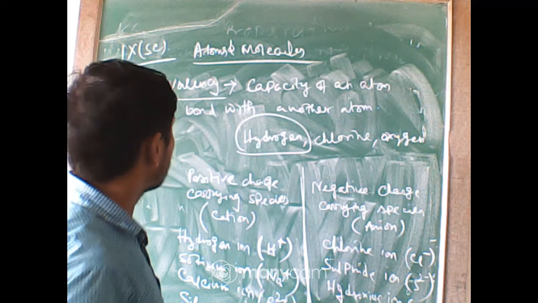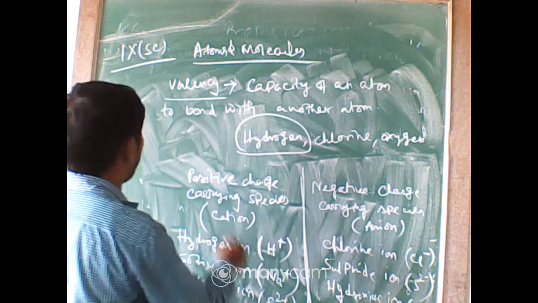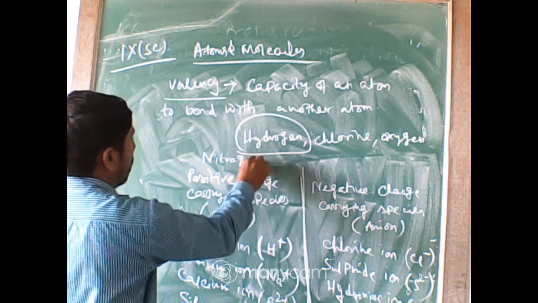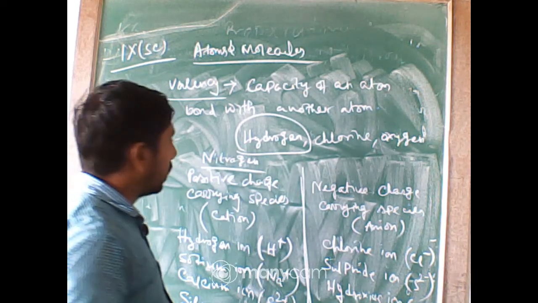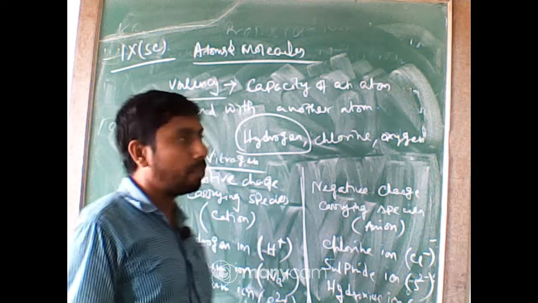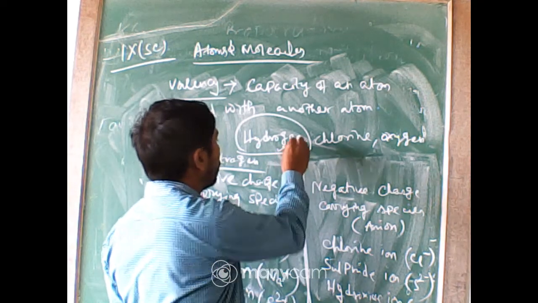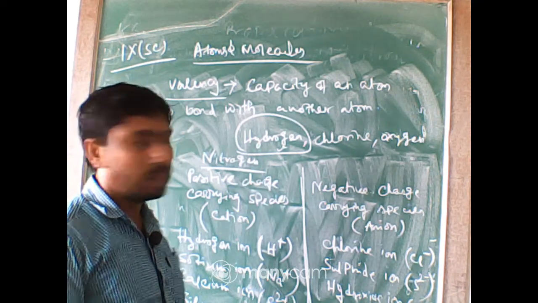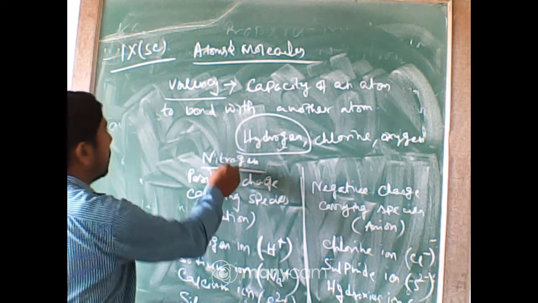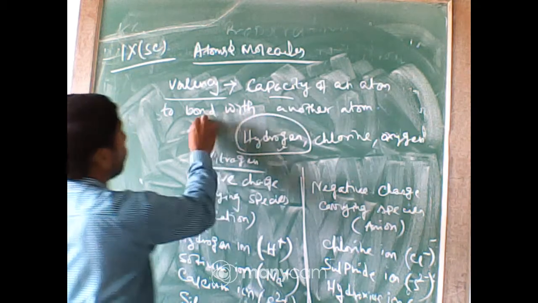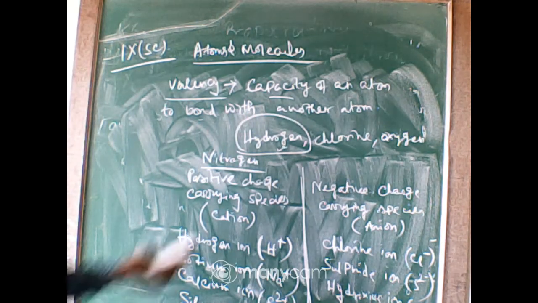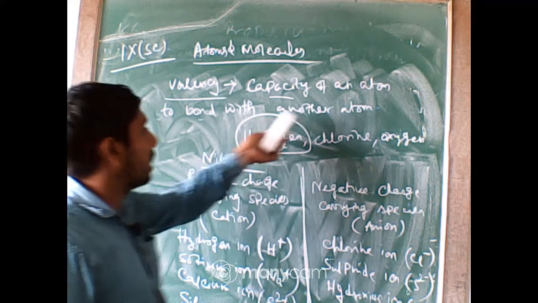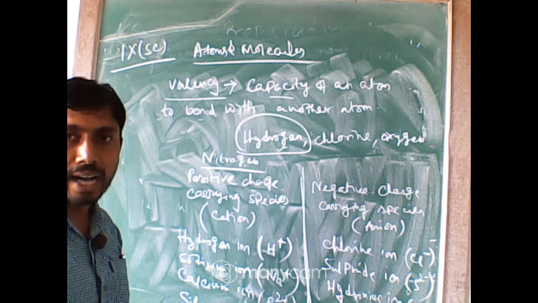Suppose one atom of nitrogen bonds with how many hydrogen atoms? What is the number of hydrogen atoms with which nitrogen makes bond? Then it will be called its valency. So, it is the capacity of an atom to bond with another atom. Here specifically nitrogen is taken, and with another atom, that is hydrogen.